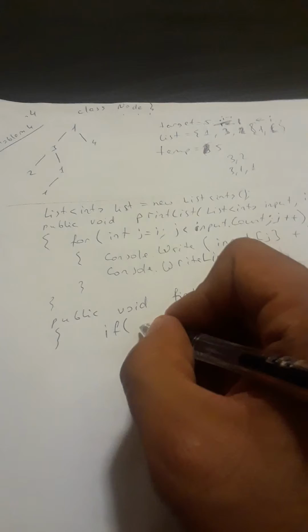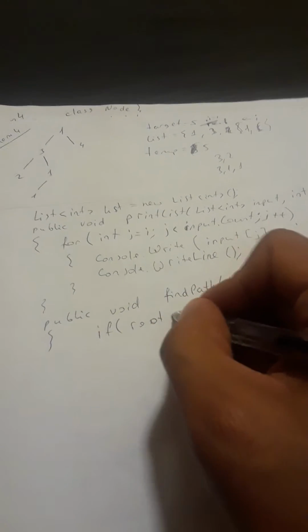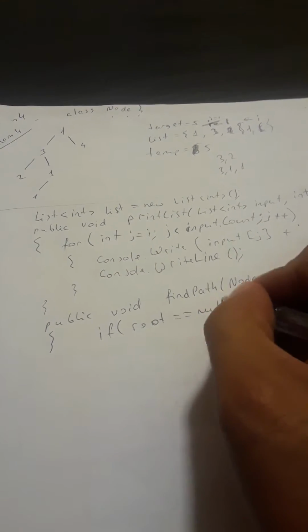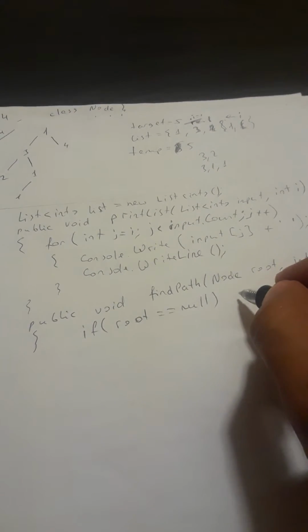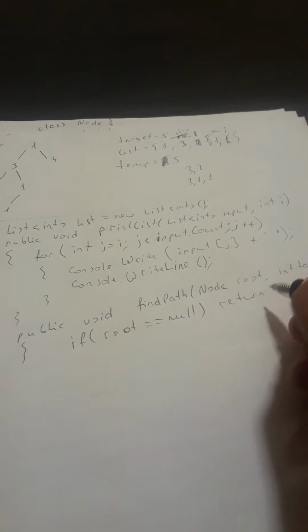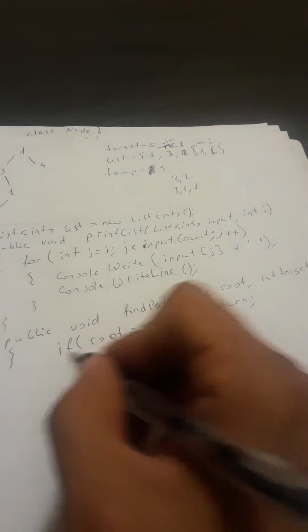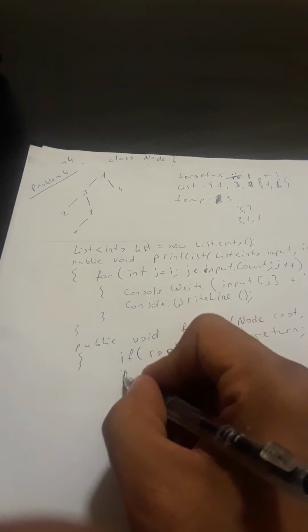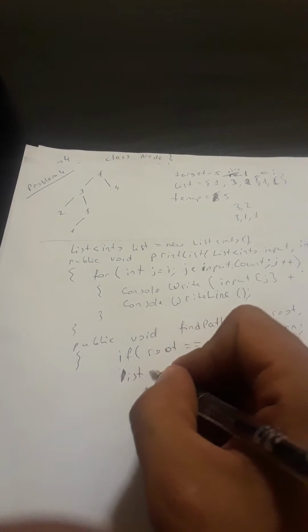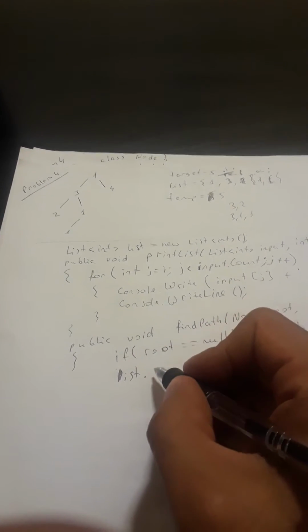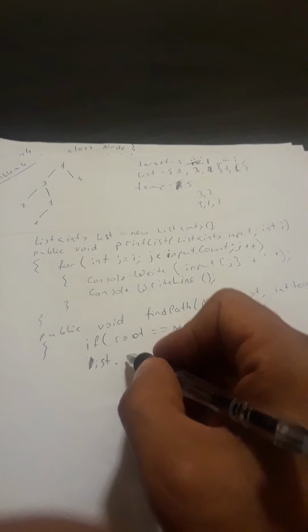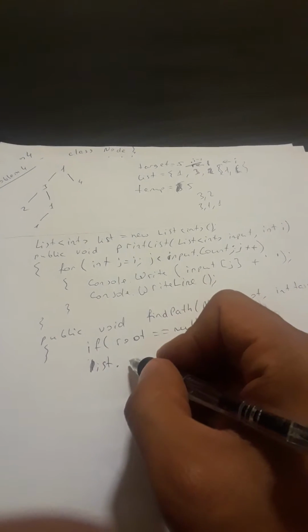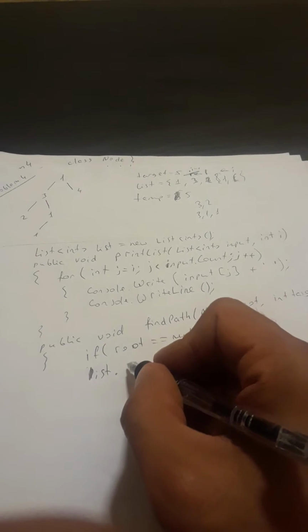At the beginning I will make a check if our root is not equal to null. If it's equal to null, I will just return to get out of this function, and after that I will start adding the data from the nodes of the tree to my list.